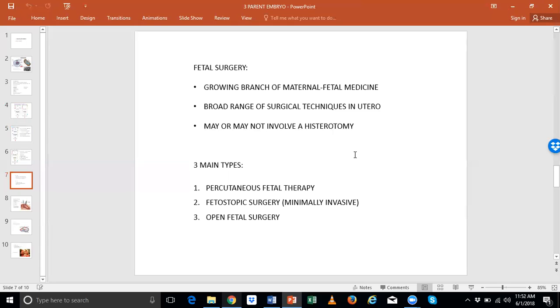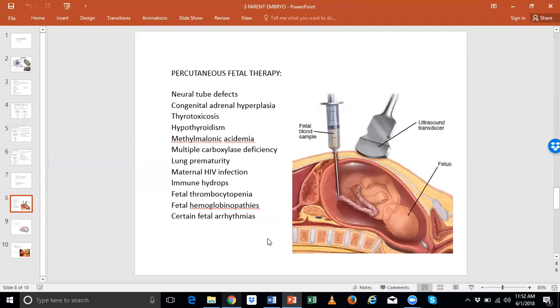So there are 3 main types of fetal surgery and therapies going on today: percutaneous, fetoscopic, and open fetal surgery. So let's go through these. Again, you have them on the handout there somewhere. Percutaneous, these are some indications for it.